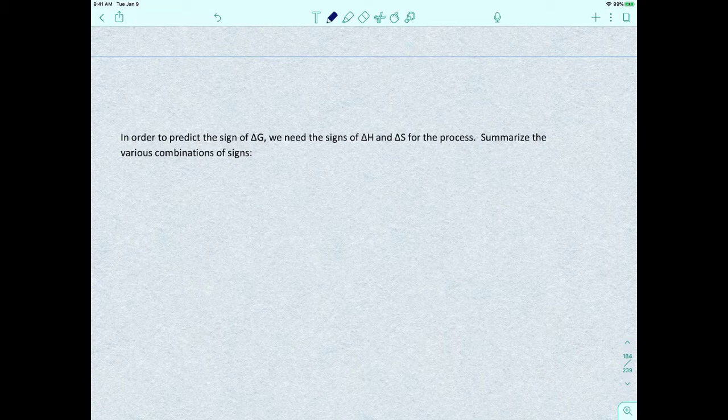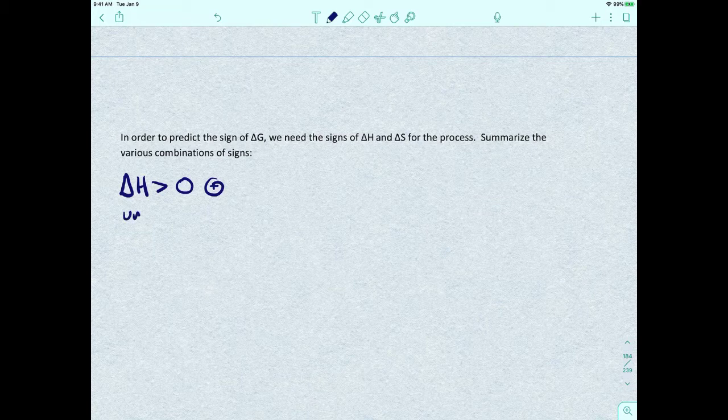There's a combination that will actually tell us if delta G is going to be favorable or unfavorable at all temperatures. So we know this, that if delta H, because delta H is the biggest term, if delta H is greater than 0, so that means it's positive, okay?